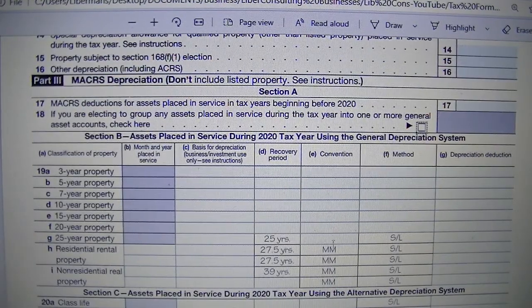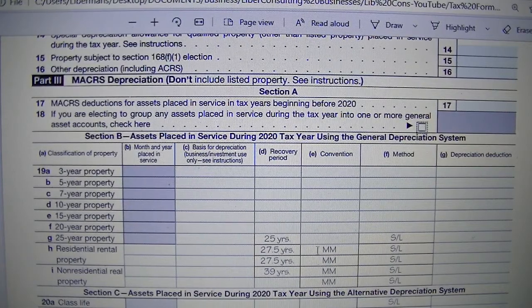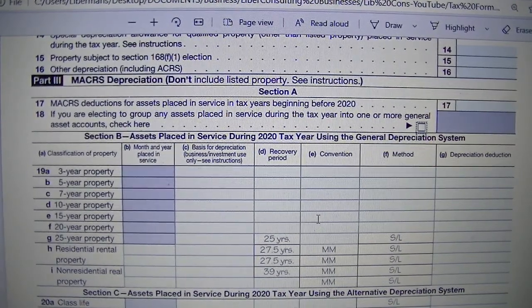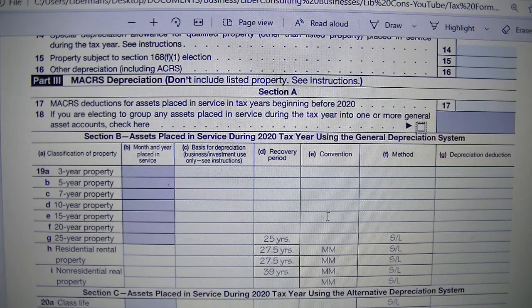And then the convention, you'll have mid-month for residential and non-residential real property. So they already fill up that area. You don't have an option for it. And for the rest, you have mid-quarter and half-year, and for those two you have those options, and we'll talk about each one of them.